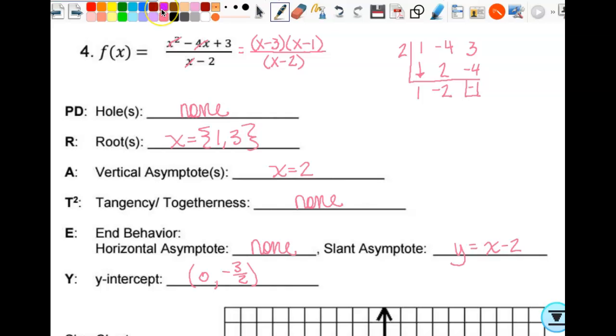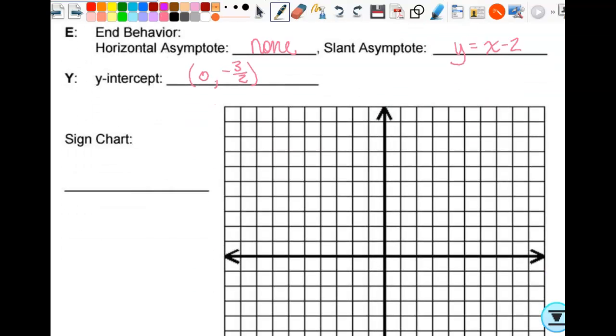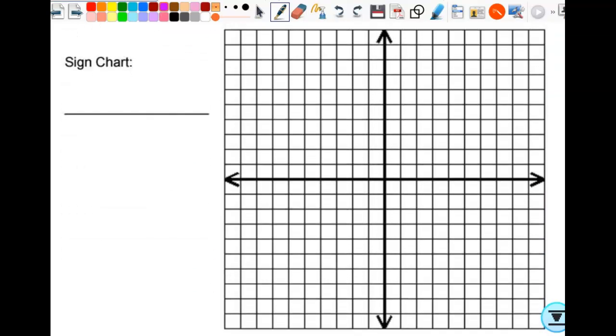All right, so now I'm going to scroll and rewrite this and do my sign chart. I'm going to get f of x is equal to x minus 3 times x minus 1 over x minus 2.